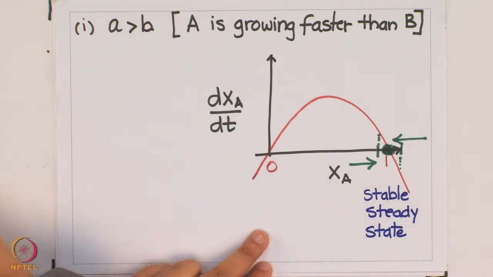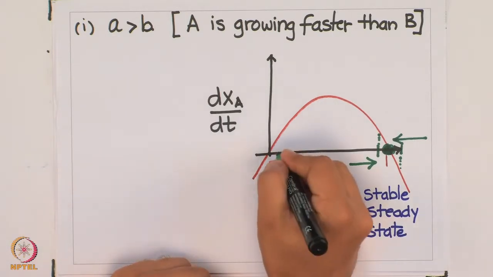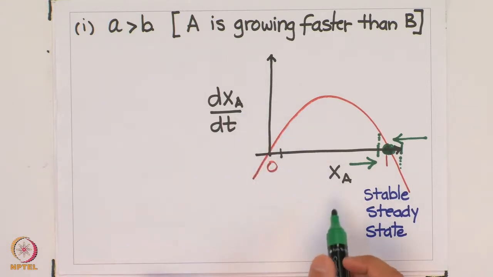And to comment on the stability of the second steady state, we are only going to disturb it towards positive values, because xa, the variable we are dealing with, is the fraction of the population belonging to a certain genotype, and negative fractions do not have any physical meaning in the system we are talking about. So, we disturb it to the right and see where the system takes us.